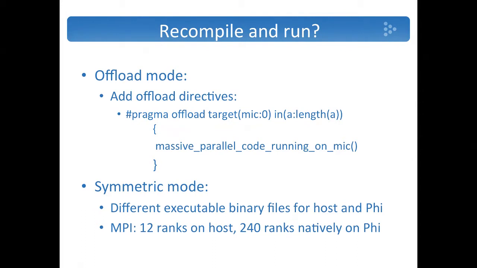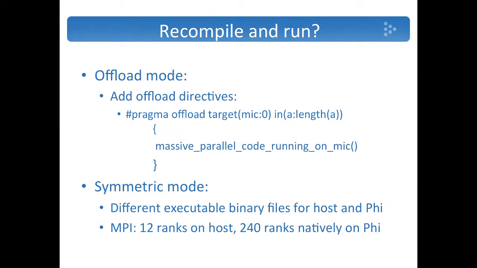And the last mode is called symmetric mode. In symmetric mode, we often use MPI to communicate between the host and the Phis. That means you have to prepare two kinds of different executable binary files. One is for the host, and the other one is for Phi.